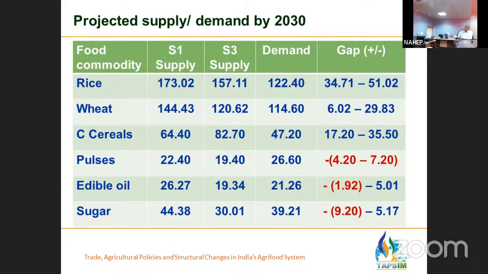Then we can compare whether they are matching or different. Here demand is 39, and under this scenario we are in shortage, in this scenario we are in surplus. In that way, we compare the demand and supply numbers and look whether we are able to meet our country demand or we export some of the agriculture commodities.